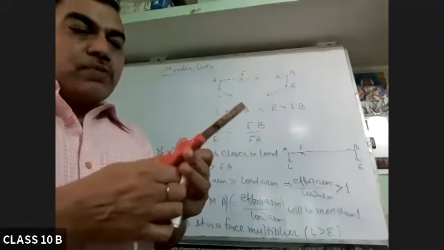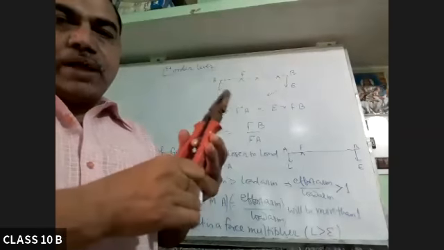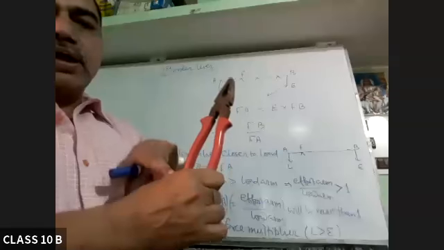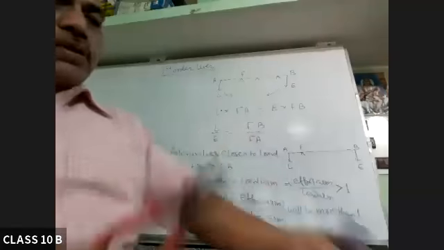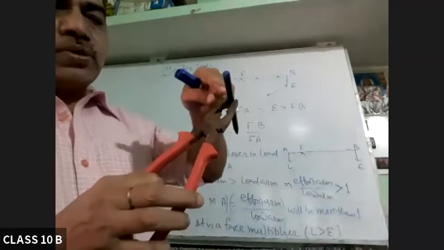So in this case, what is happening? Effort arm is from here to here, where you are applying the force. From this place to this place, that is the effort arm. Whereas whatever thing you are keeping here, like a nut, this is the load arm.